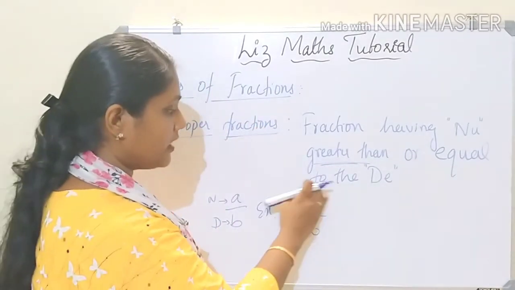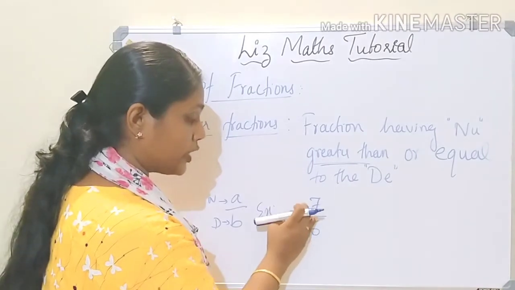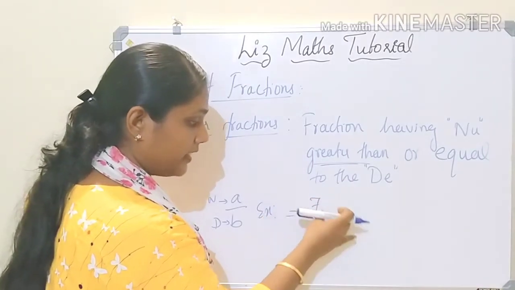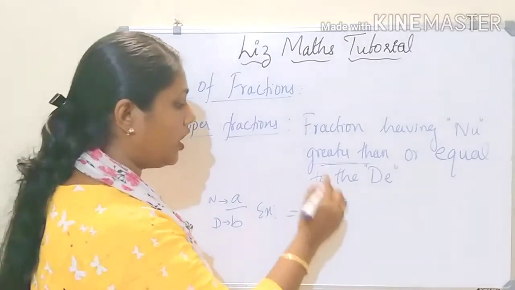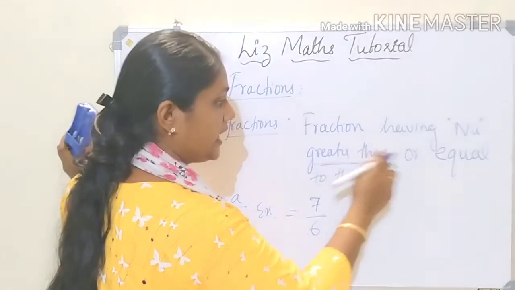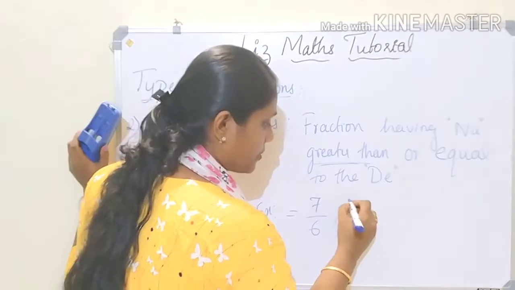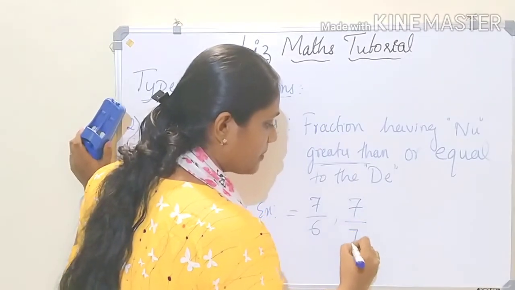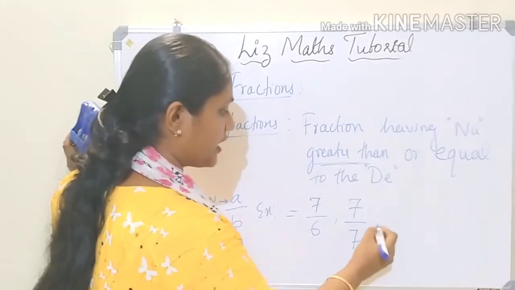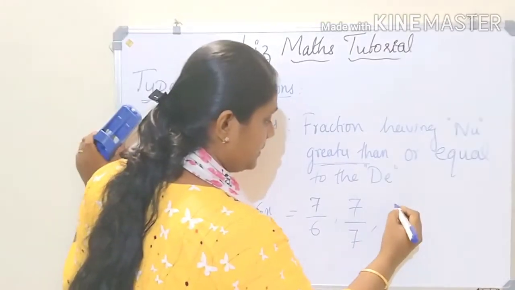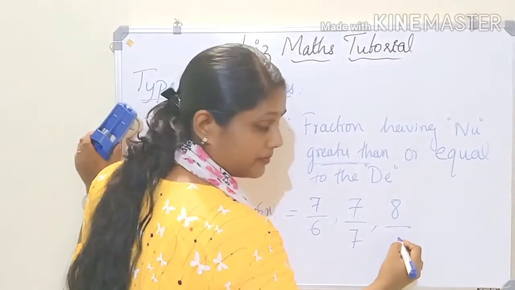Clear? So here the number in the numerator is greater than the denominator. Or there is one more condition: it can be equal also. 7 divided by 7, this is also an improper fraction. You can give more examples here, 8 by 3.